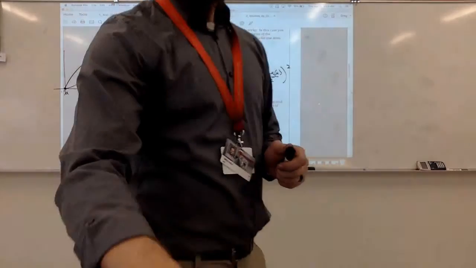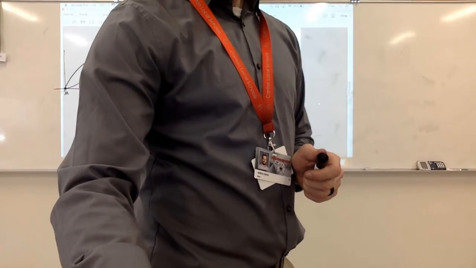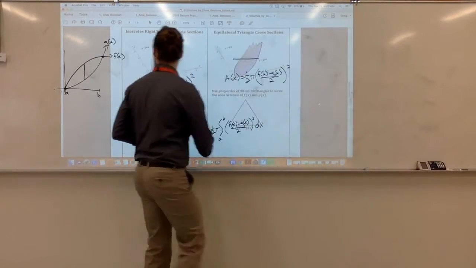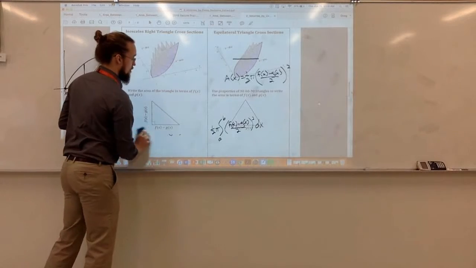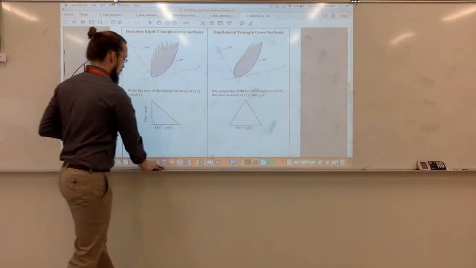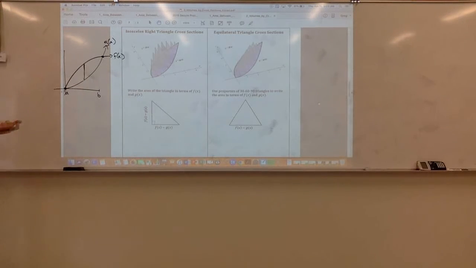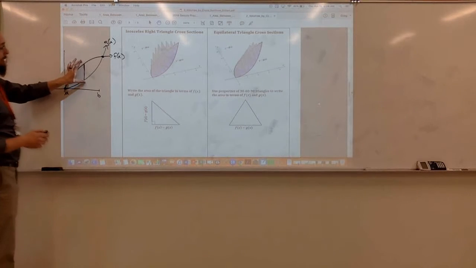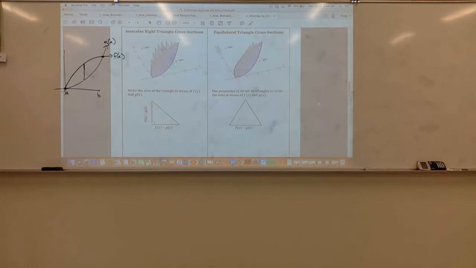All right, so let's do the same thing then for isosceles and equilateral triangles. So first, again, I'm told that the area between this region, the cross sections coming out of the paper or out of the board, are isosceles right triangles. So that distance between the two functions, f of x minus g of x, is the base of my isosceles triangle.